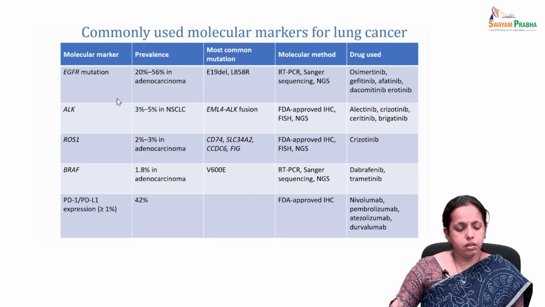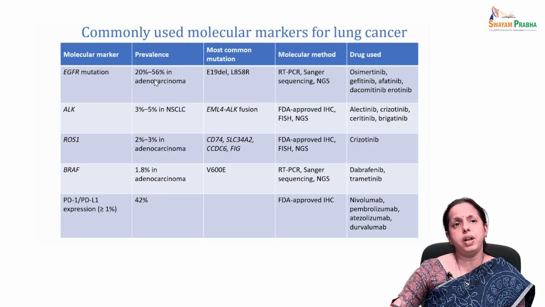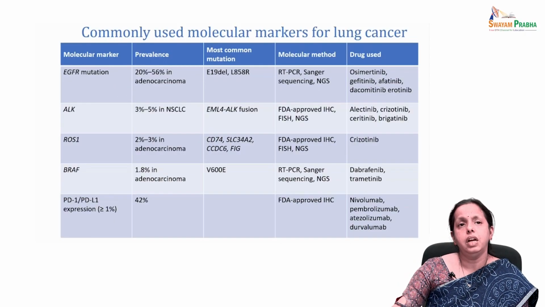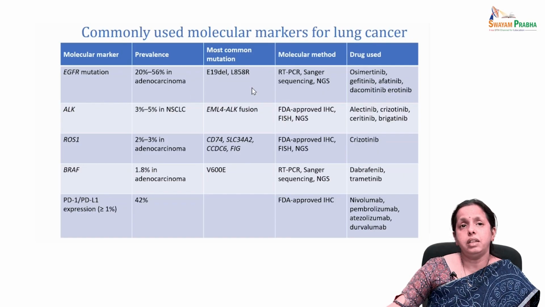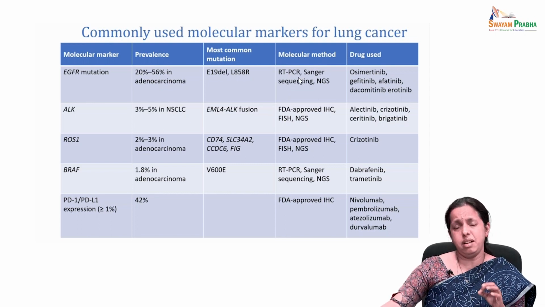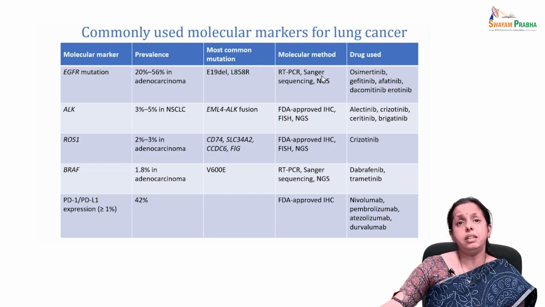EGFR mutation is prevalent in around 20 to 50% of adenocarcinoma, LUAD cases. The most common EGFR mutations are exon 19 deletion and the L858R substitution. Many of us detect EGFR mutations mostly by RT-PCR, which is very easy and cost effective, and people even go for Sanger sequencing and NGS.